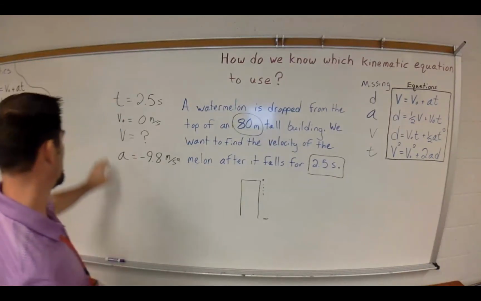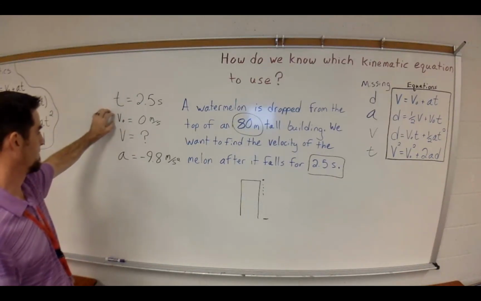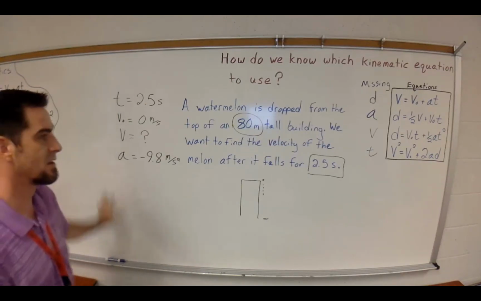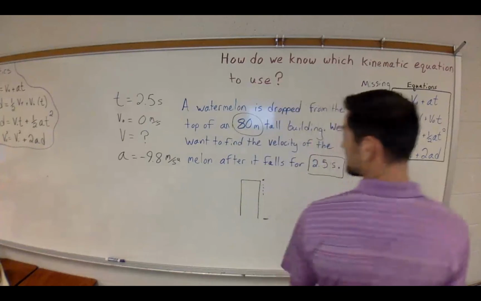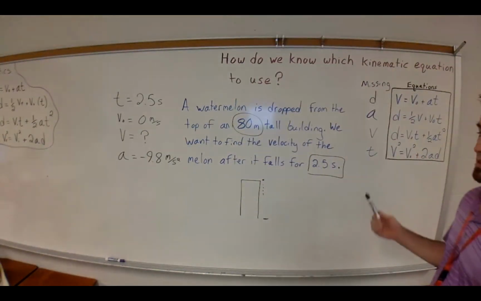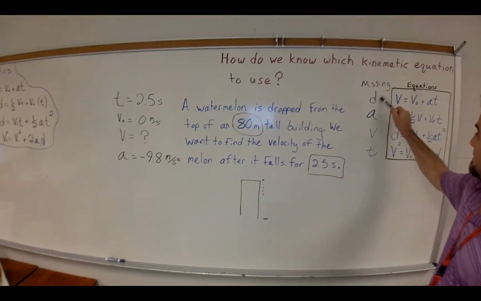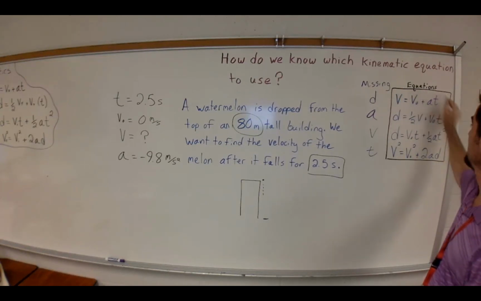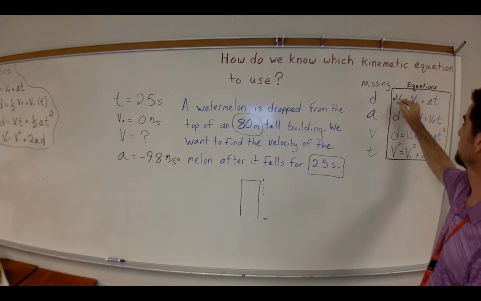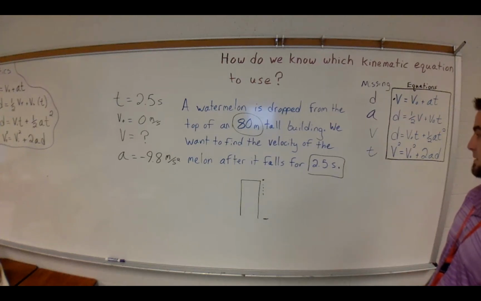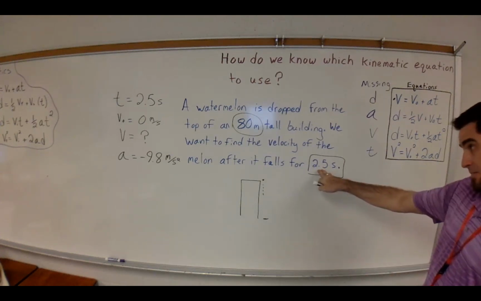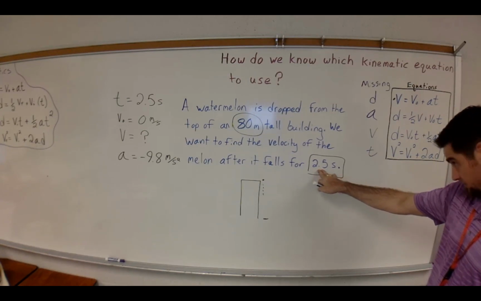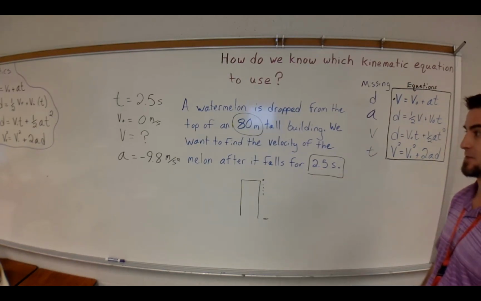So now we know we've got time, initial velocity, final velocity, and acceleration. And we're missing distance, right? So if we're missing distance, we've got all of these. This is the equation we want to use. So we can figure out how fast the melon is moving after 2.5 seconds.